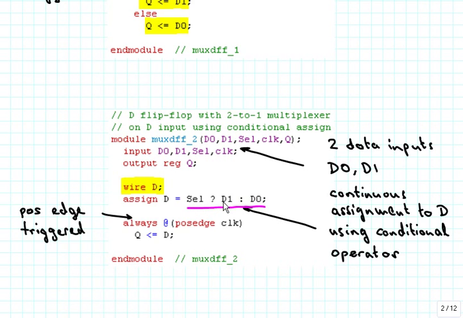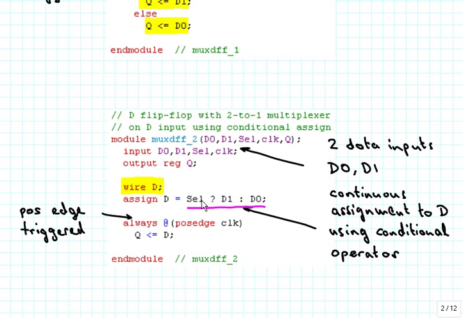And then comes the first variable, that's the one which is chosen when the select criterion is 1 or true. And the second one after the colon here is the one that is chosen when the selection criterion is 0 or false. So in this particular case, when select is high, we choose the D to be equal to D1.